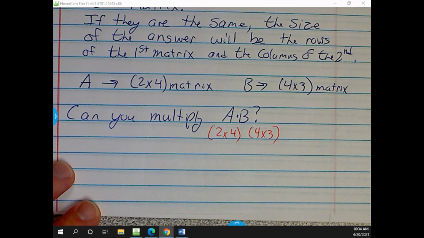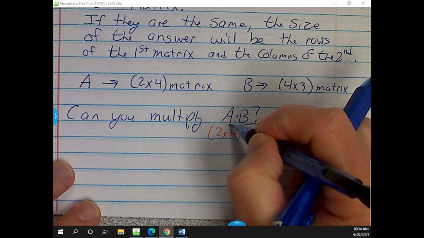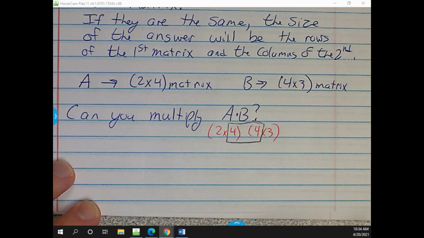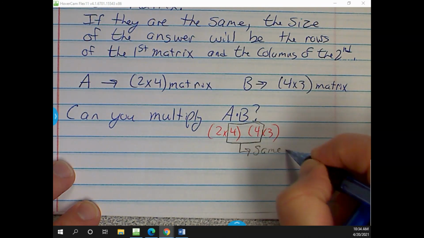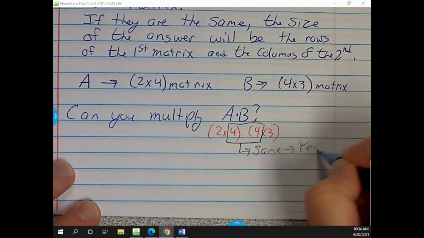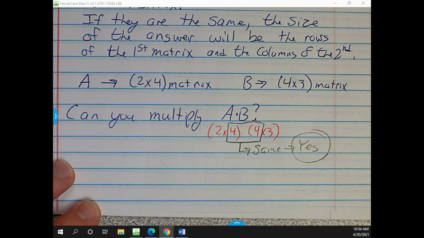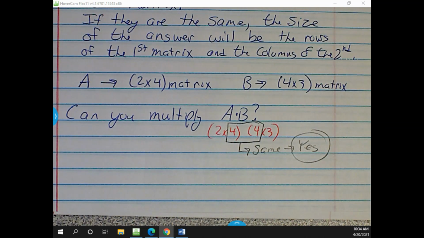And the easy way to know if you can do it or not is you just look at the two numbers in the middle. If those two numbers are the same, then yes, you can. That's your check. That's the one thing you want to look at on the matrices: you write down the size of it, and if the middle two numbers are the same, then yes, you can multiply these together.